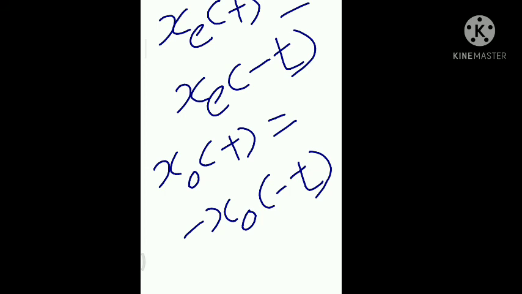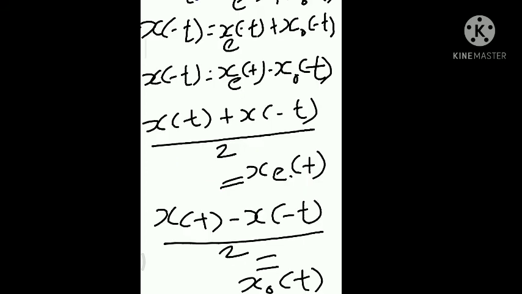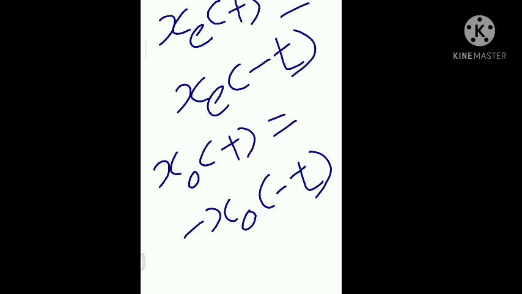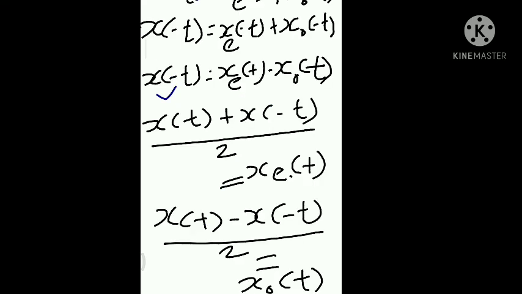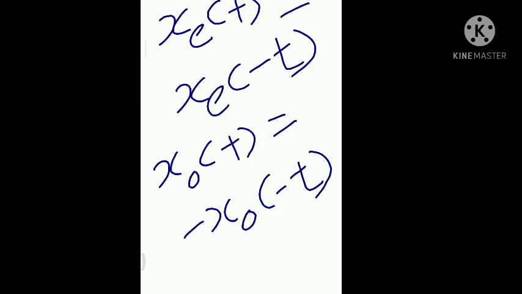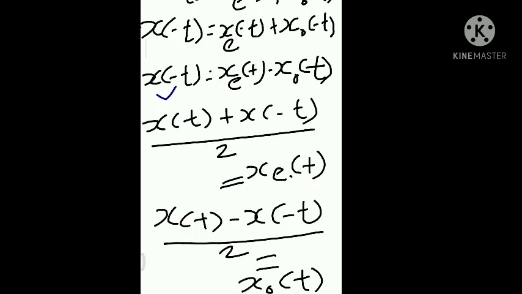So in this expression x(-t), x_e(-t) is x_e(t), because x_e(t) is equal to x_e(-t). And x_o(-t) is minus x_o(t).